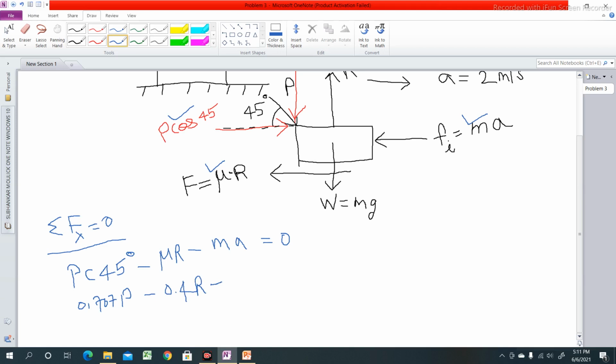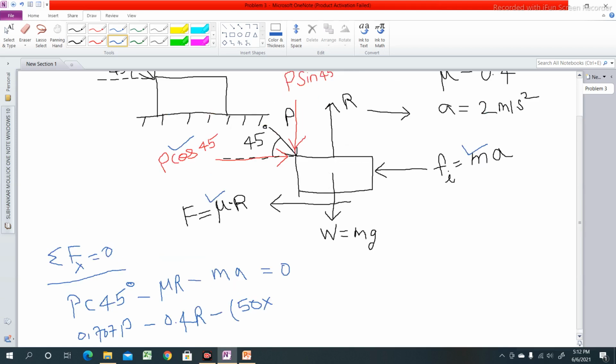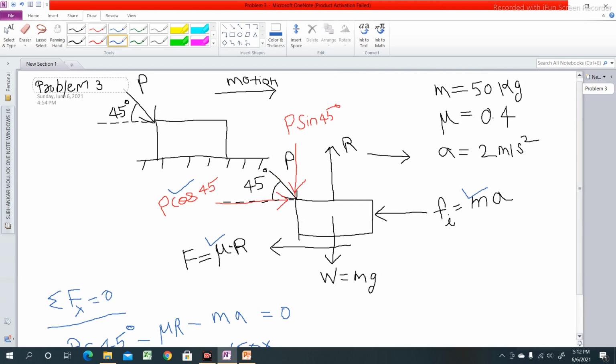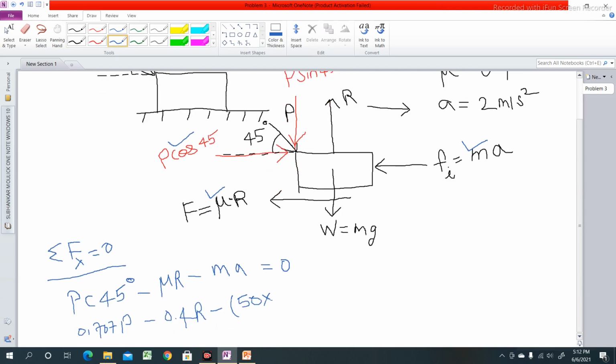M is the mass of the block, that is also given in the problem. It is 50 kg. 50 into the acceleration with which the block is moving, that is also given in the problem. You see, acceleration is 2 meter per second square. So a is 2, equal to 0.